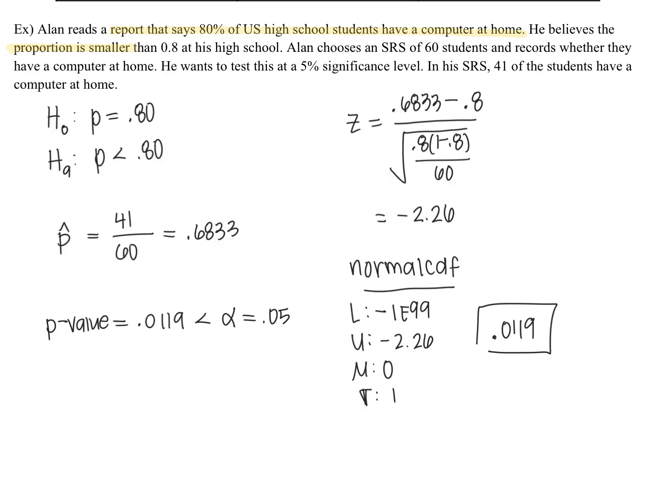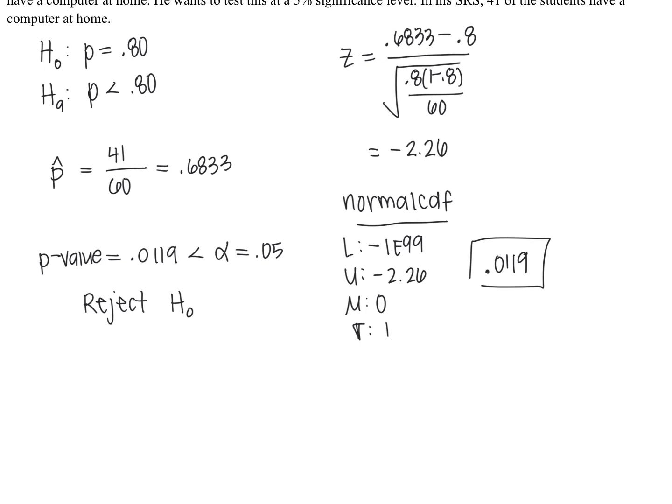And if our p-value is less than alpha, then our conclusion is we reject our null hypothesis. So you do have to specifically state, after you've compared your p-value to alpha, whether you're rejecting or failing to reject your null hypothesis. And then that last thing that we have to do is write our sentence.